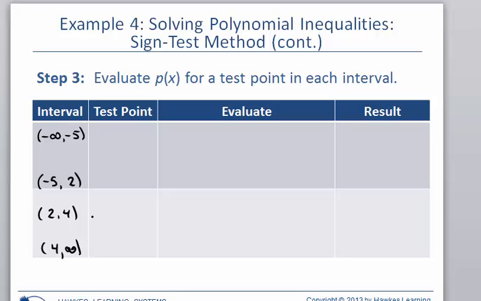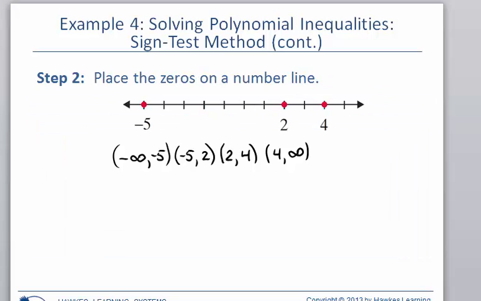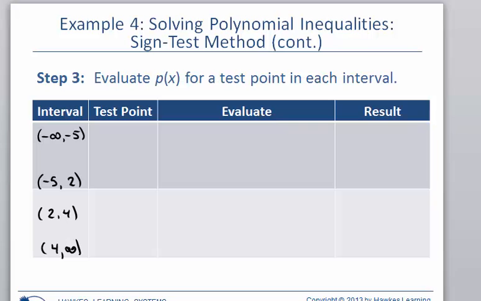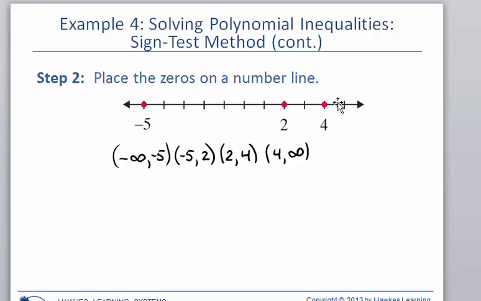And we're going to select a test point in each of those intervals. So in other words, take the interval from 2 to 4. We're going to pick a number between 2 and 4. Now, it will be easiest if we can pick a whole number. So I think the obvious choice would be 3. Then we want a test point between 4 and infinity.